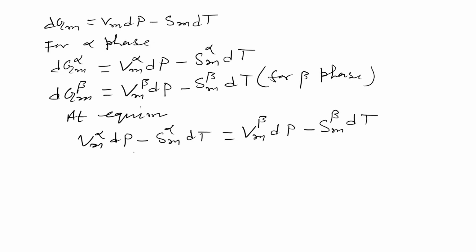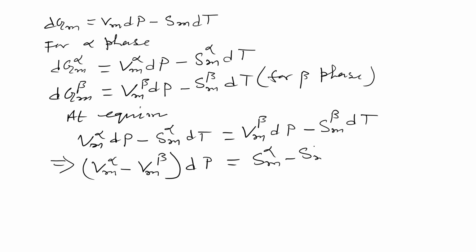Now if we bring all the dP parts together, Vm alpha minus Vm beta into dP is equal to Sm alpha minus Sm beta, the entropy of beta phase, into dT.